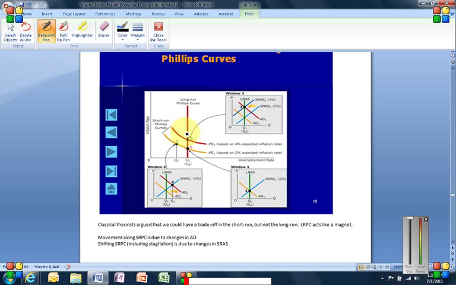That happens as a result of changes in SRAS, including stagflation. Right? So stagflation is only going to occur as a result of a shift in SRAS. Movement along the short-run Phillips curve from one point to another is only due to changes in aggregate demand.